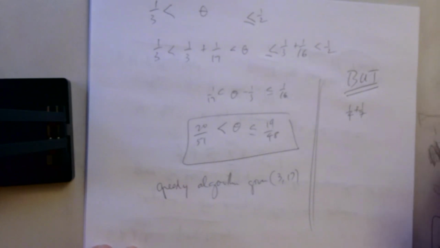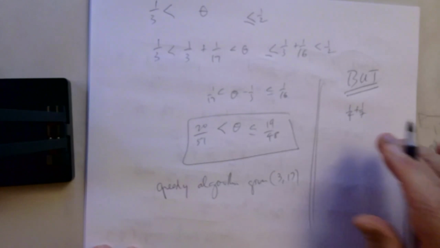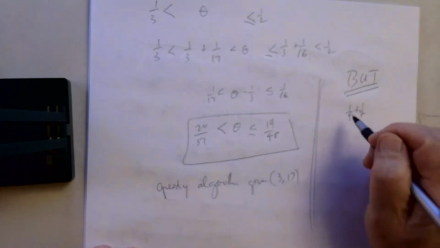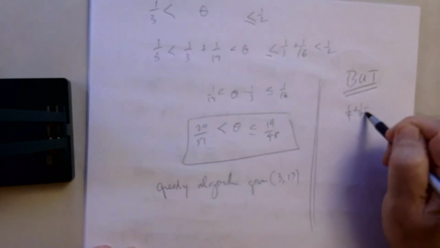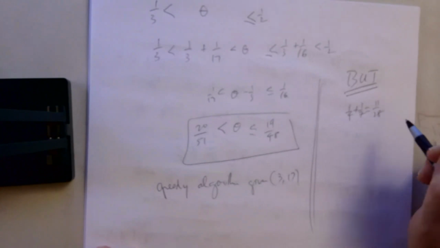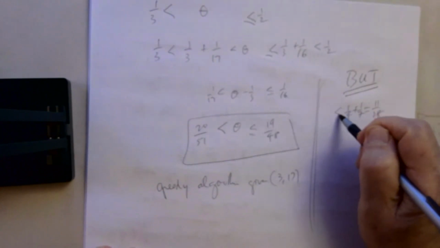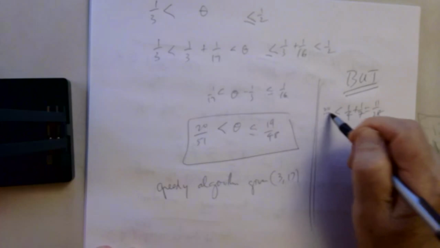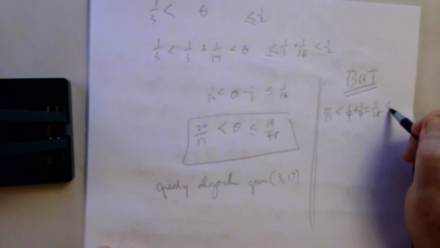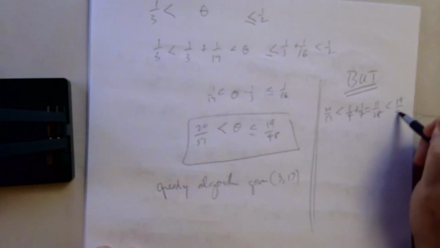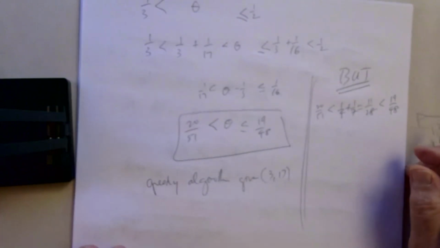Those of us who teach at CUNY realize this is not always the case. But 1/4 plus a seventh is, what is it? 11/28. That is greater than 20/51 and less than 19/48.